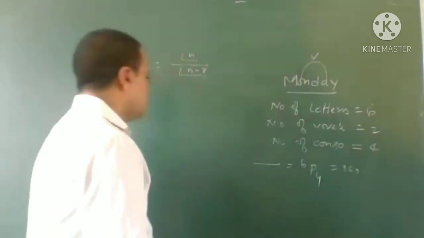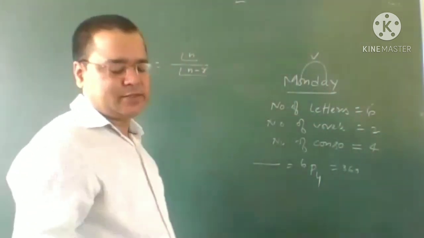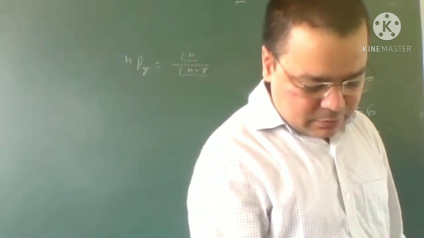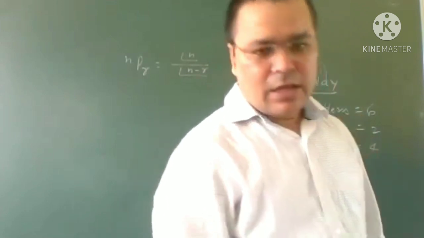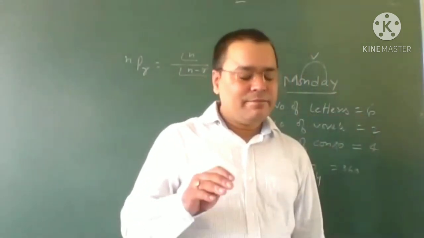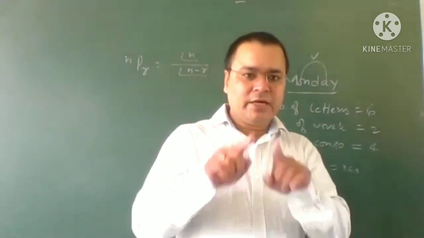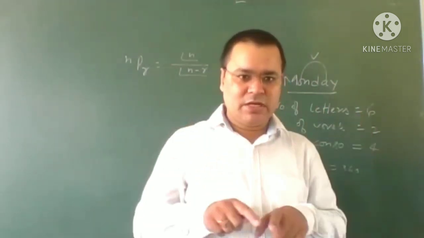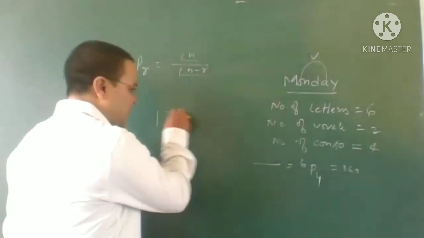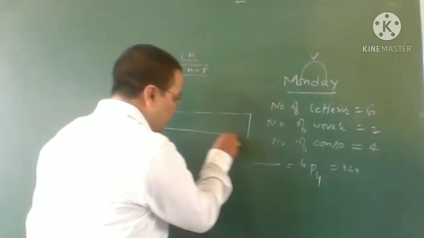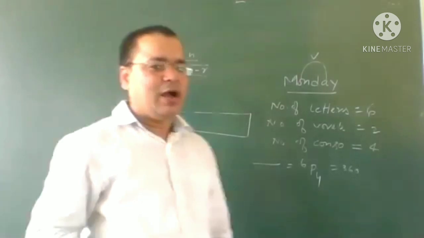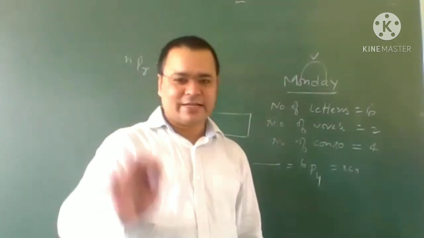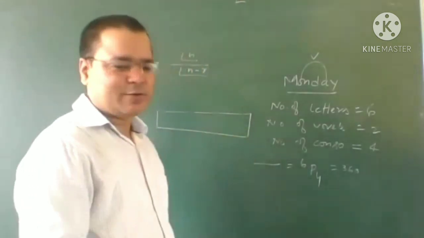There are 6 letters, so we have to fill 6 places, like a simple example. Actually, whatever I was writing before was not correct, and I wanted to hear from you whether it was correct or not, but I did not get a response. Now I am writing the correct one.